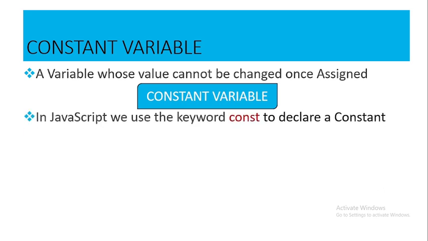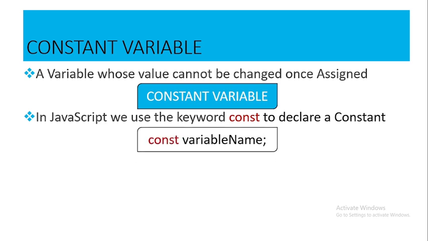So in JavaScript, we use the keyword const to declare a constant variable. So what it means is that with this particular variable, when we assign a value to it, it will continue to hold its value as long as the program keeps running. We cannot reassign it with a new value.